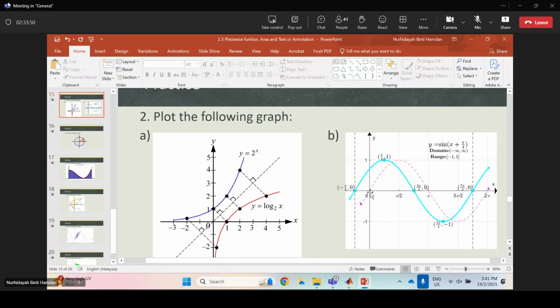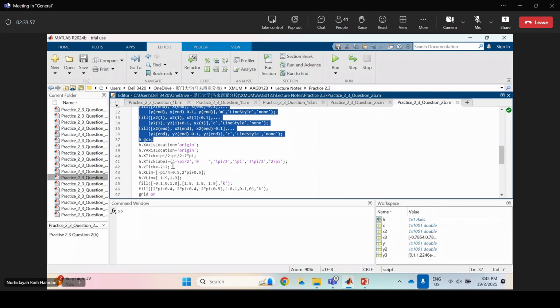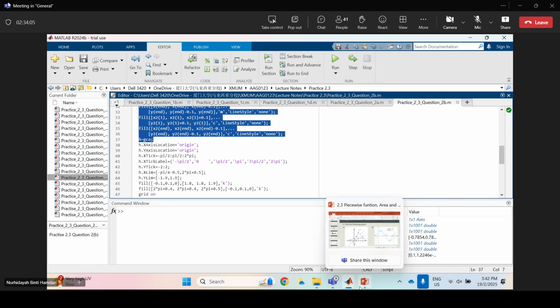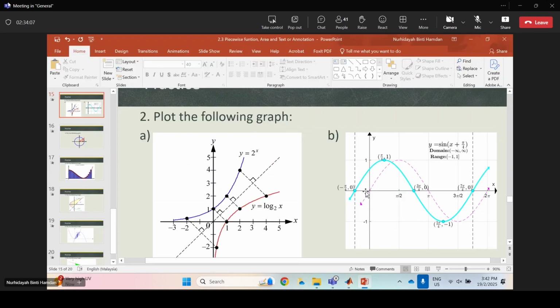So every tick I put has width pi over 2. Tick labels: 0, pi over 2, pi, 3 pi over 2, and 2 pi. And for yticks also: negative 1, 0, and 1.